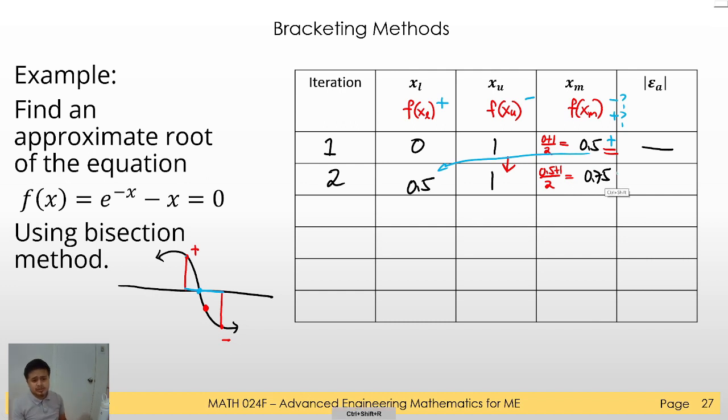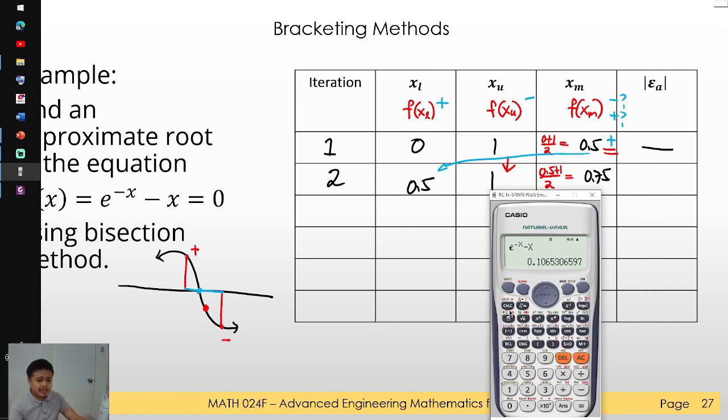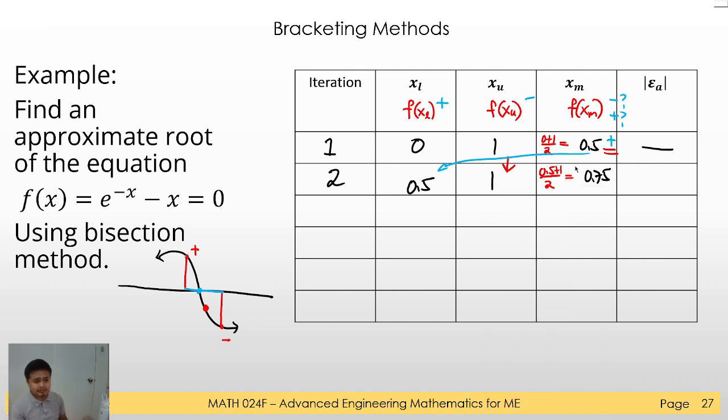Okay, so what sign is this? We want to figure out what sign this is. So again, use the calculate function, replace the x with 0.75. So this will be equal to negative. So if this is negative, then you will replace now the negative. Xu is negative, or f of xu is negative.